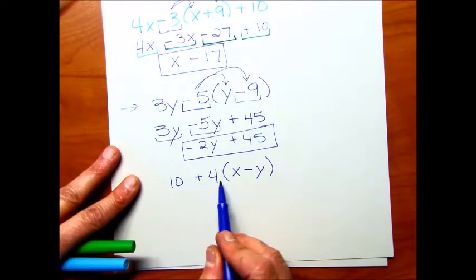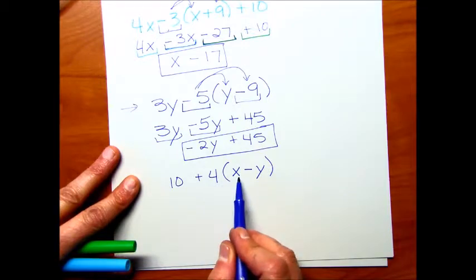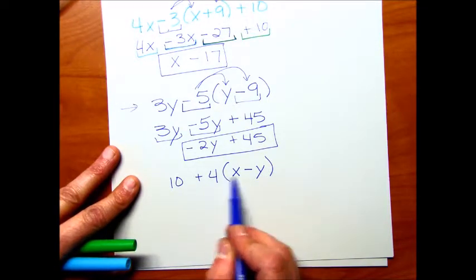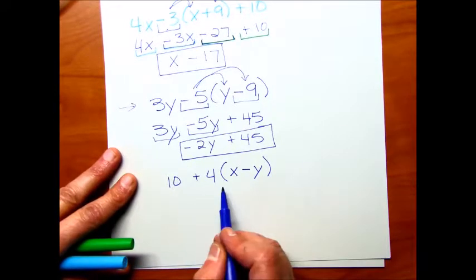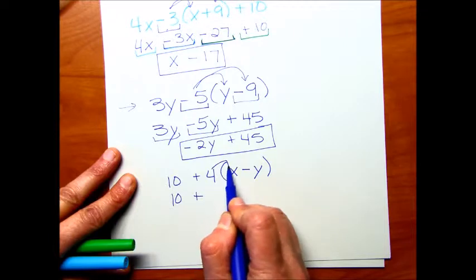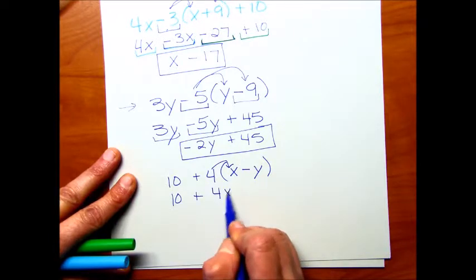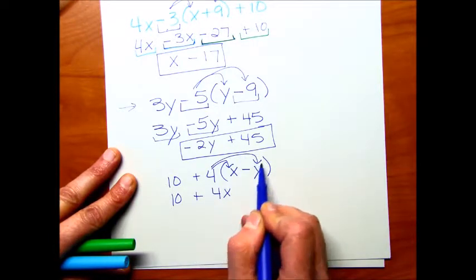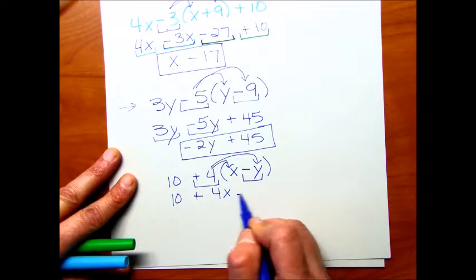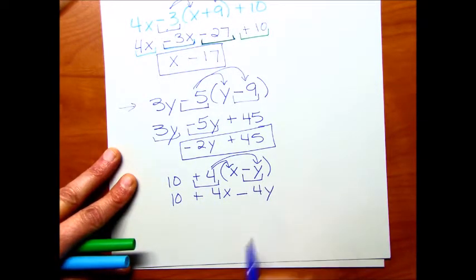So again, I want to break this up. So we're going to use distributive property. So 10 plus, and this is going to be 4x, and then positive 4 times negative y would be a negative 4y.